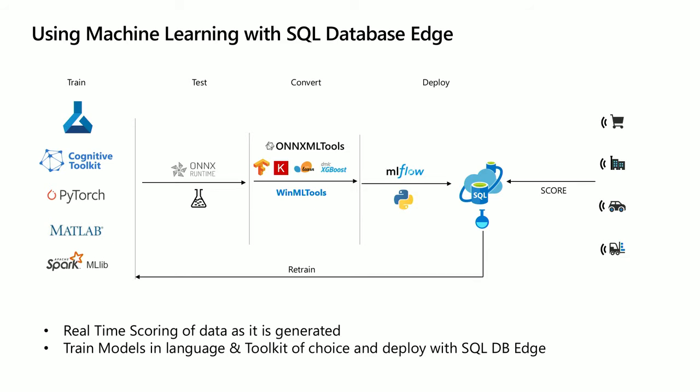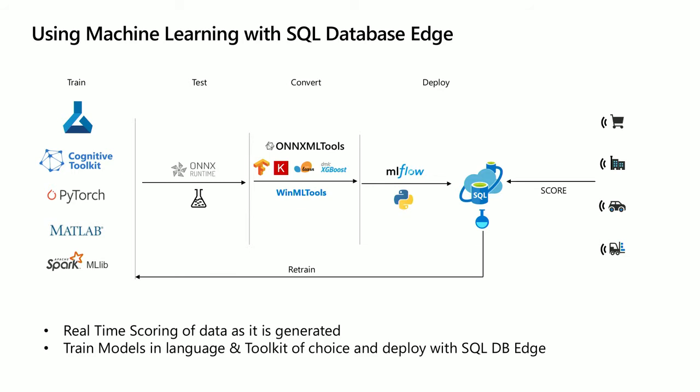Okay. Right, so the second thing which we wanted to talk to you about was the ML capabilities which we are introducing in SQL DB Edge. So what we have done is, for the purpose of scoring on the edge, we are shipping an ONNX runtime, Open Neural Network Exchange format runtime, with SQL DB Edge. What that means is, you can train your model in a language or toolkit of your choice. It could be Azure, it could be MATLAB, it could be PyTorch, it could be scikit-learn, it could be Spark ML, anything, right?